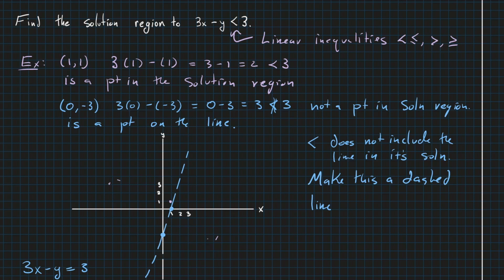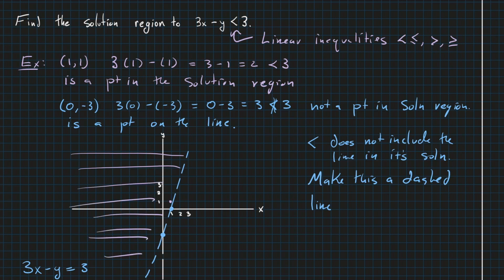In this case, we have a point in the solution region on the left side, so the solution region is everything on the left of the line. So this is the solution region.